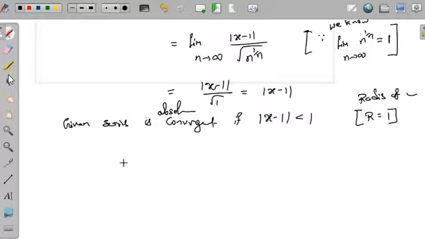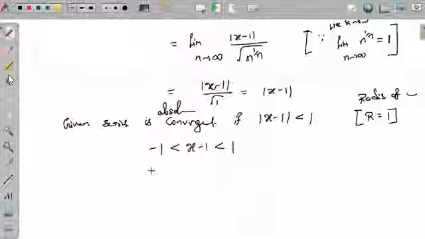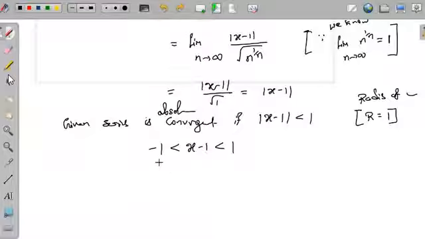Anyway, we can write that later also. So this can be rewritten like this: minus 1 is less than x minus 1 is less than plus 1. Now adding 1 on all sides, minus 1 plus 1 is less than x is less than 1 plus 1. So this implies 0 less than x less than 2.